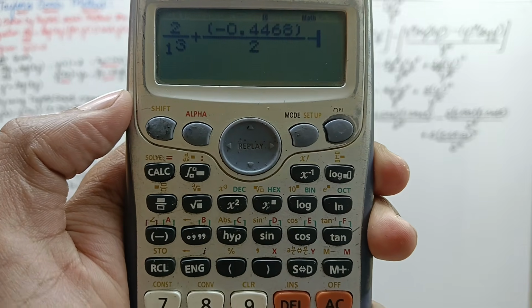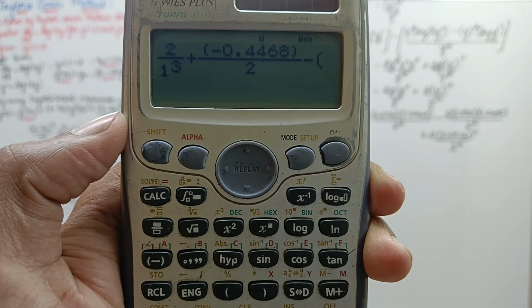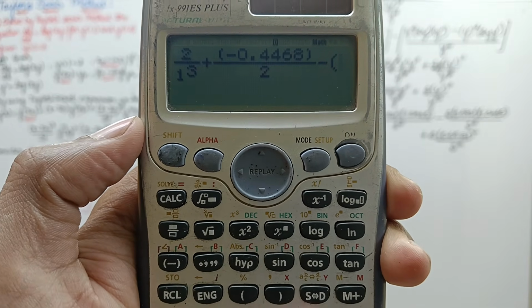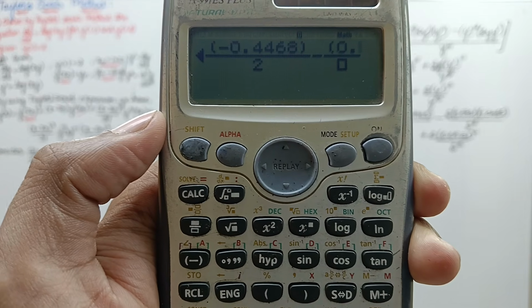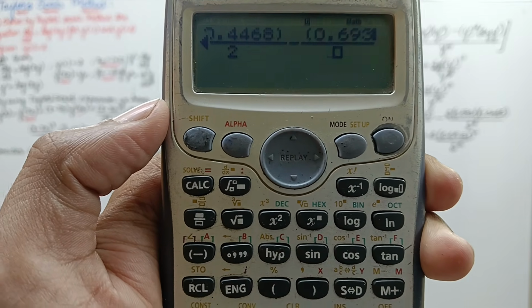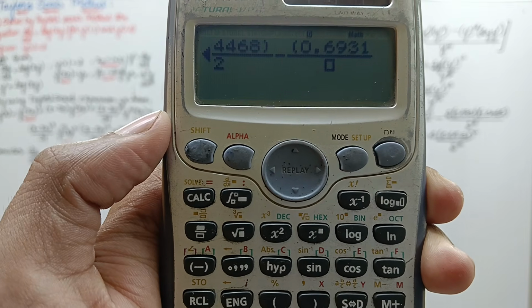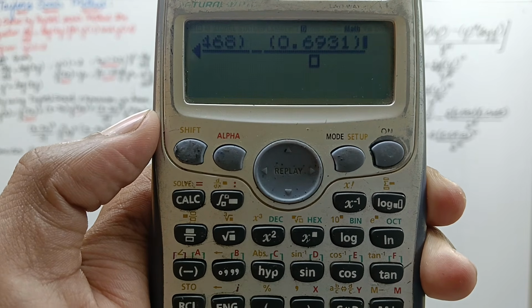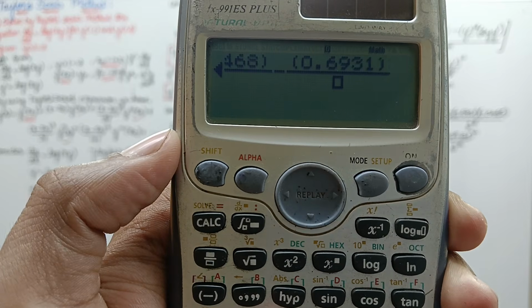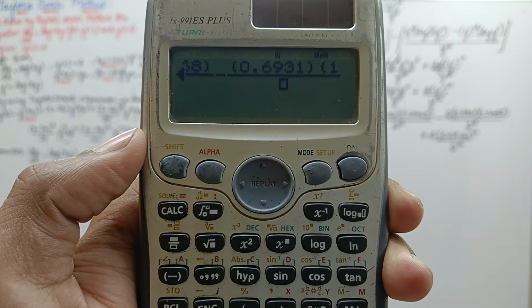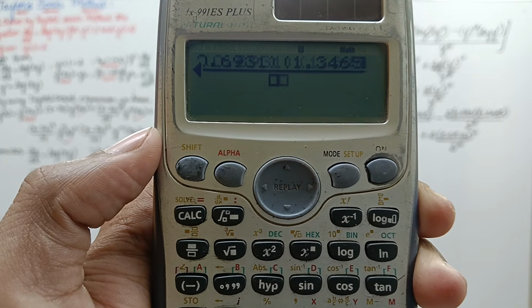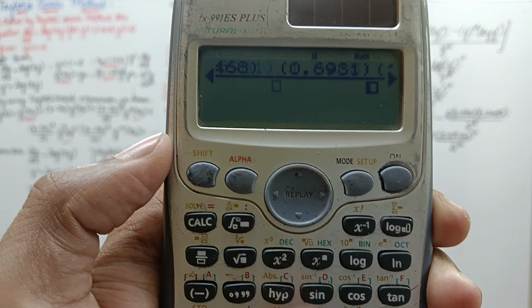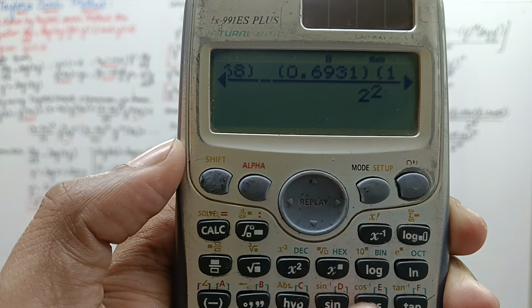Next, minus into, again press numerator denominator, minus into 0.6931. Please be careful while giving the values. 0.6931 into 1.3465, close the bracket, divided by 2 square.